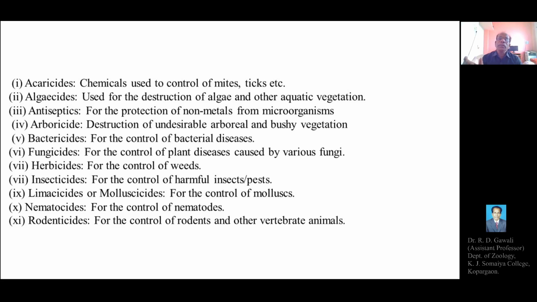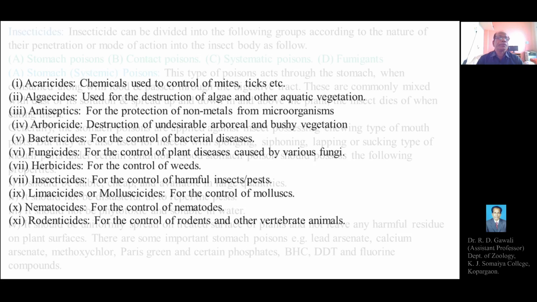On the basis of the type of pest killed, there are these types of pesticides: acaricides, algicides, antiseptics, arboricides, bactericides, fungicides, herbicides, insecticides, limacicides or molluscicides, nematicides, and rodenticides. These can be used to control the different or particular groups of pests.